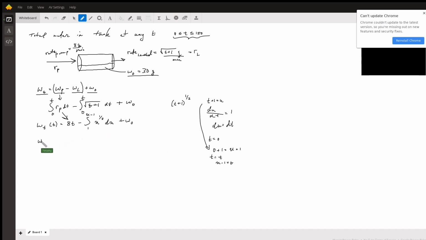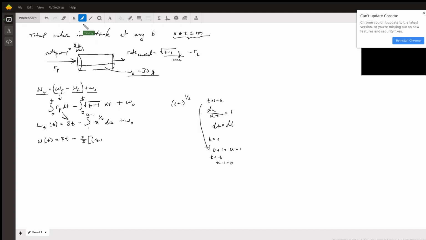And then we'll have the total amount of water at any time will be 8t minus, so you go plus 1, which will be 3/2. So it'll be 2/3 times u minus 1.